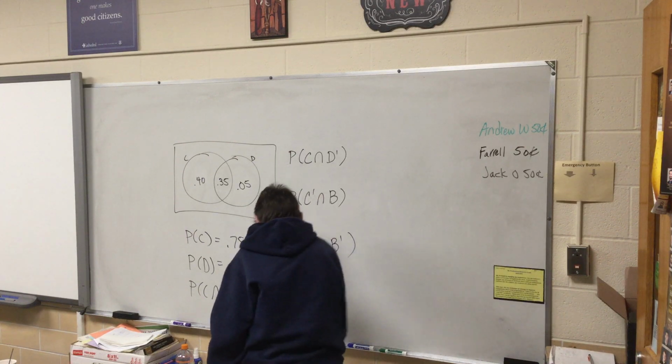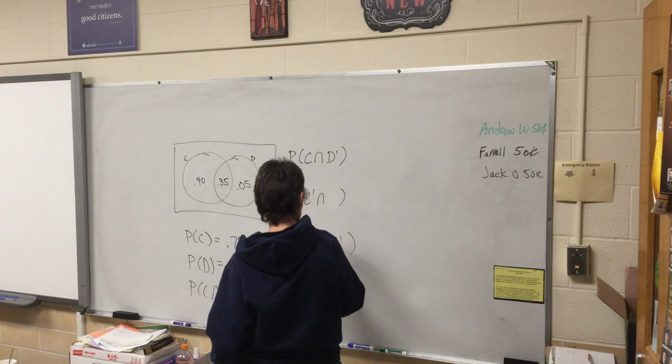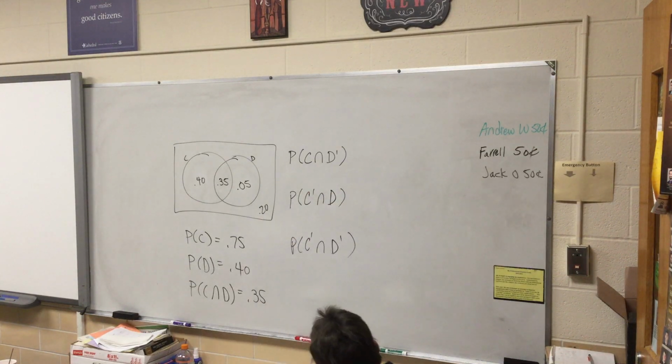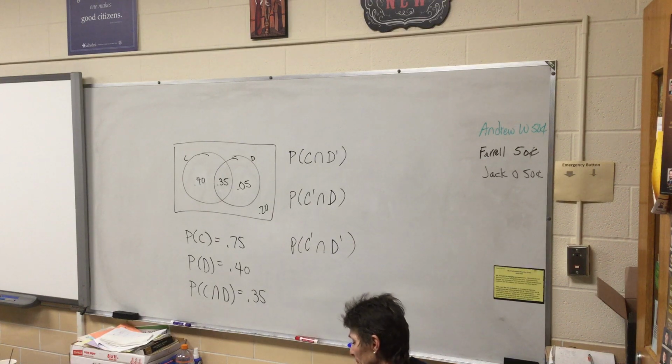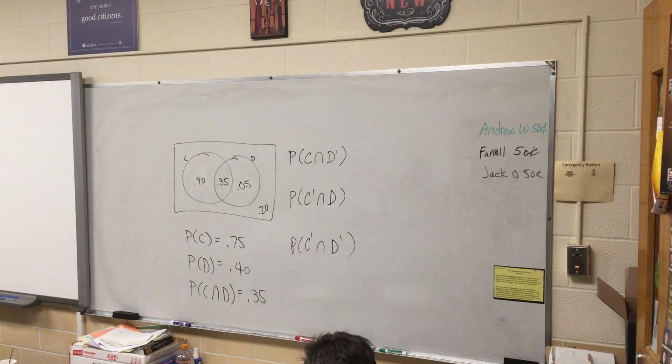All right, let's look at the first question. Question B. What is the probability of C but not D? So look at your picture. What represents being in C but not in D?